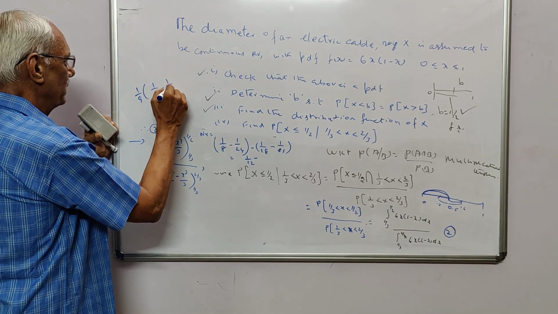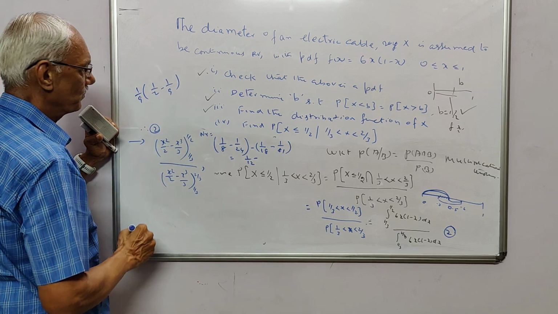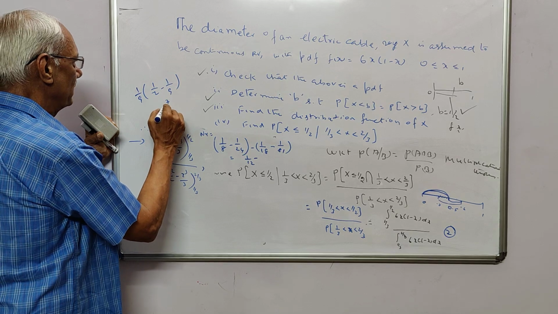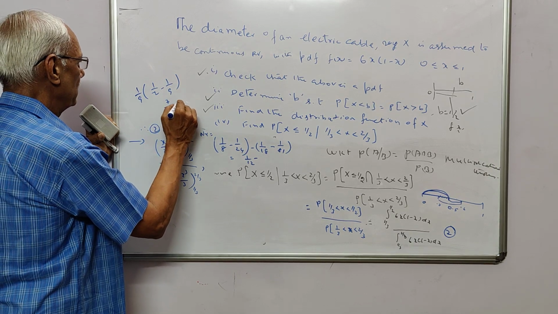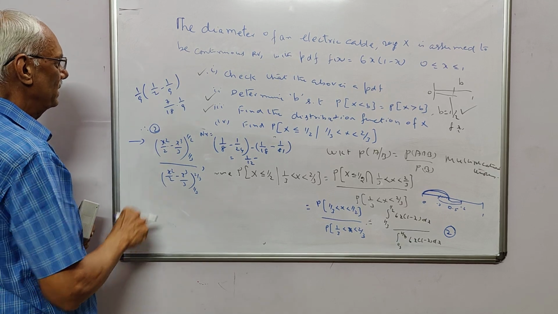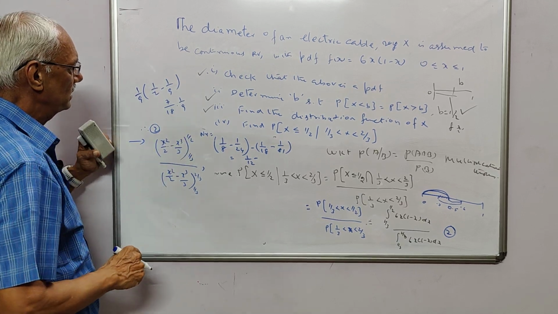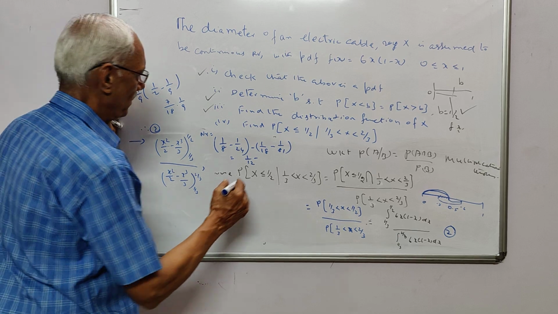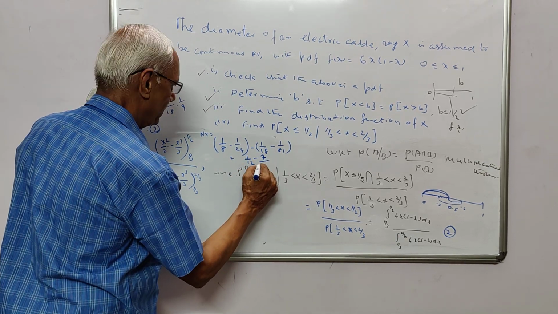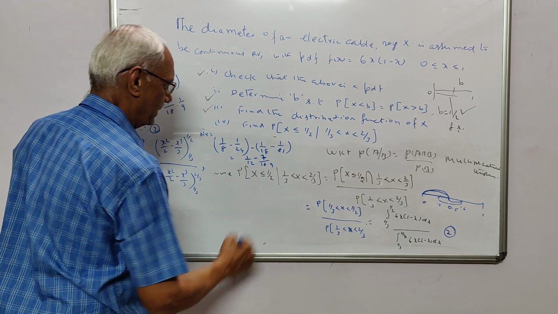So 1 by 2 minus 1 by 9, this will be 18. 9 minus 2 is 7, 7 by 18 into 1 by 9. So this is equal to minus 7 divided by 18 into 9.